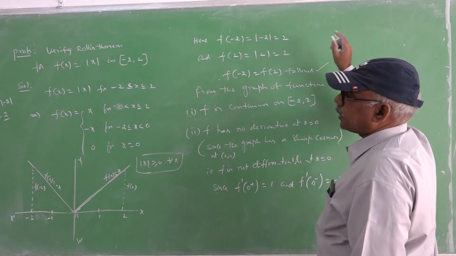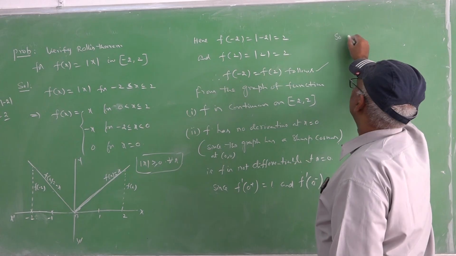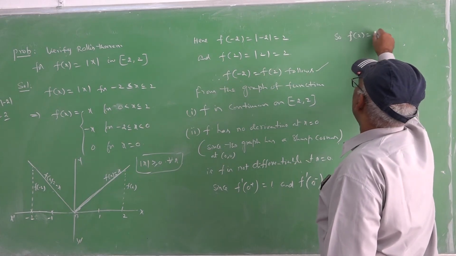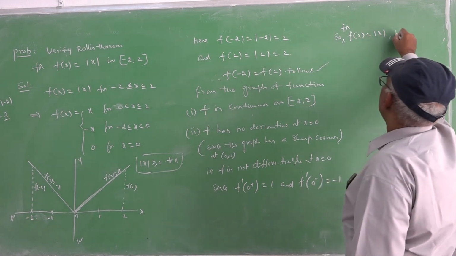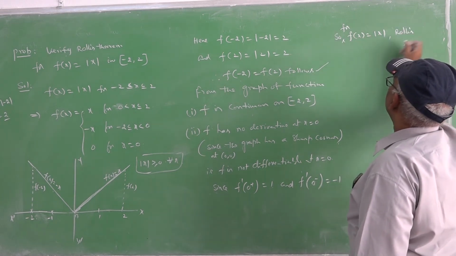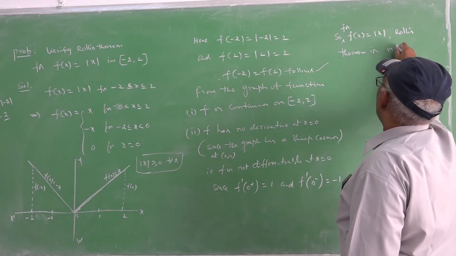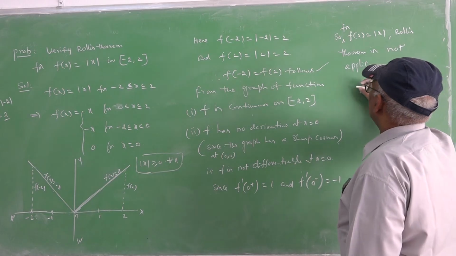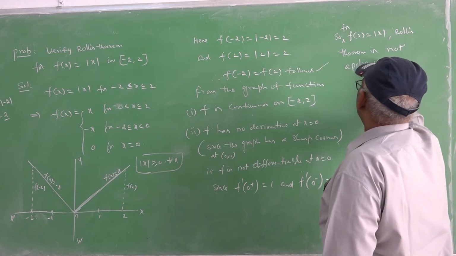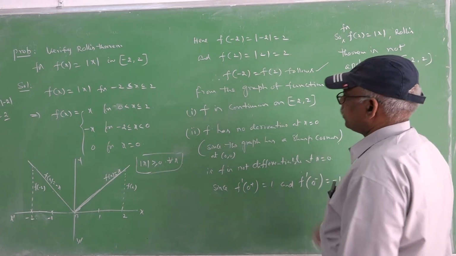So the second condition of Rolle's theorem does not follow here. Hence, for f of x equal to mod x, Rolle's theorem is not applicable in the interval minus 2 comma 2.